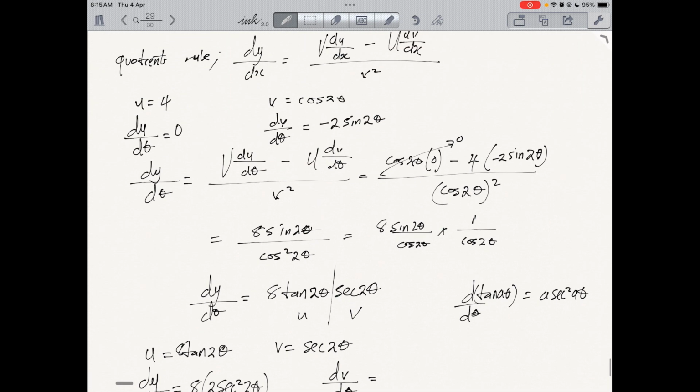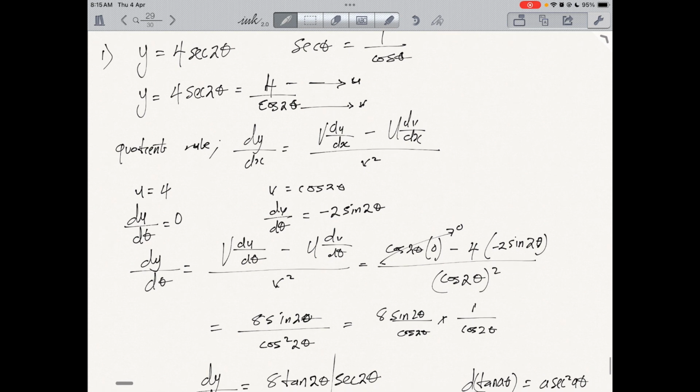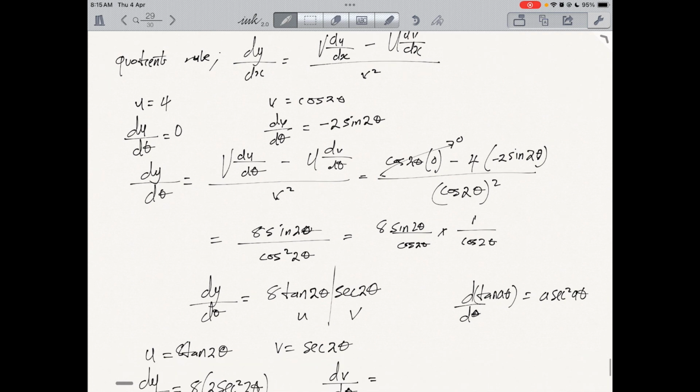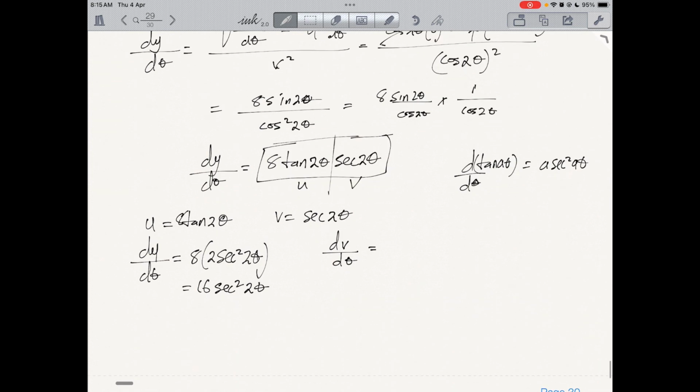Now, if you see from our first question, when we evaluated 4 sec 2θ, we arrived at this 8 tan 2θ. Therefore, the differential of sec 2θ naturally will give us 2 tan 2θ sec 2θ.